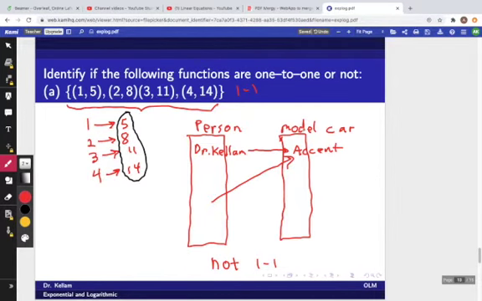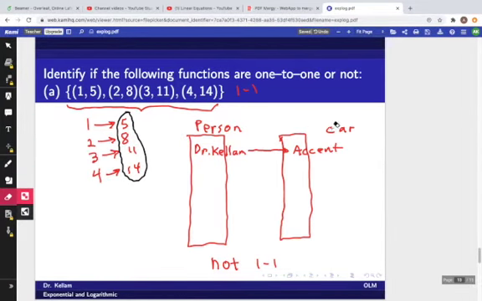Now, there are ways to get around this, and actually you are familiar with some of them. Instead of asking for model of car, we could ask for the VIN, the vehicle identification number, which is unique to the car.